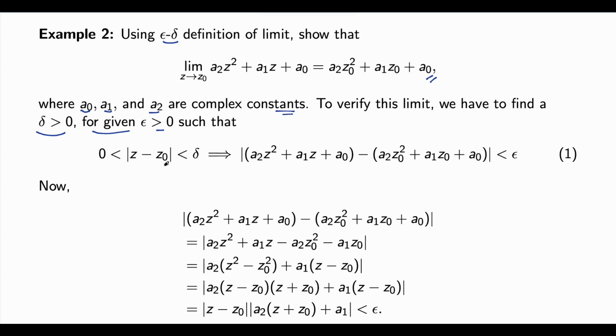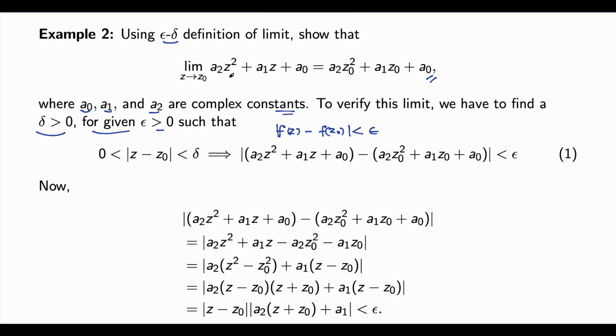mod of z minus z naught is less than delta and greater than 0 implies the modulus of f(z) minus f(z naught) should be less than epsilon.